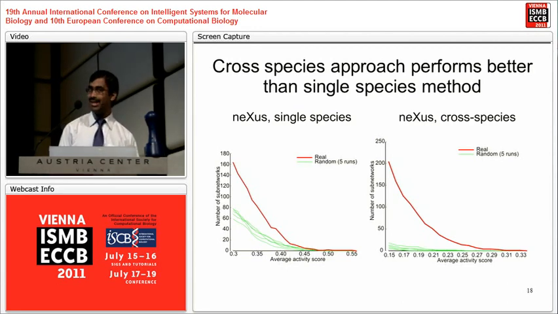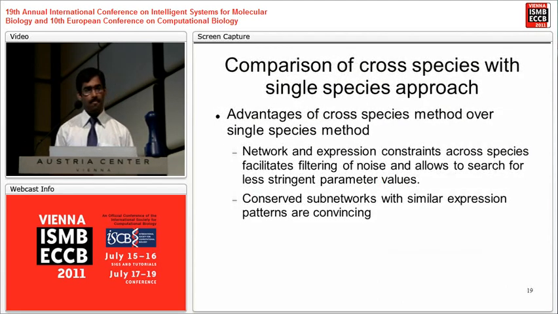So, doing cross species analysis, using your data with other species is good. Why is this happening? We are using a coherency constraint that a particular subnetwork should be conserved in both species as well as should contain active genes from both species.